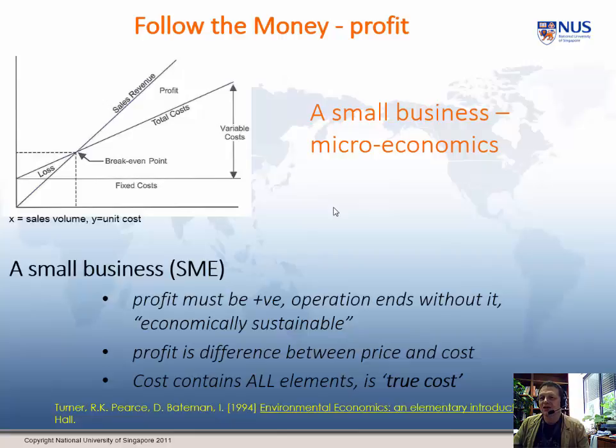Now, I've said before that your profit at this point is 0, and to be economically sustainable, profit must be positive, and usually not here. It usually needs to be up here somewhere. So if your company is not economically sustainable, if your profit is either non-existent or too small, then your operation will end, and that's it.